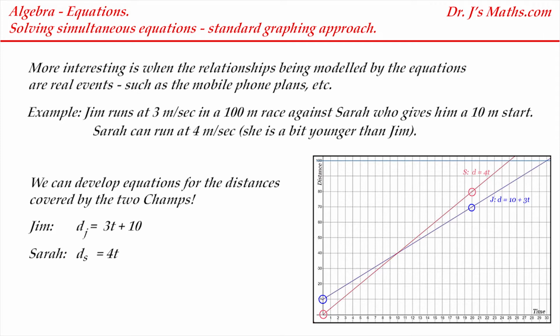For Sarah, we do the same. When t is equal to 0, the distance is 0, so we put a ring around there, and again go to t equals 20, just as easy. 4 times 20 is 80, so there's a little ring around Sarah's 80 there, and we join those lines up so that we can see the blue line is Jim and the red line is for Sarah.